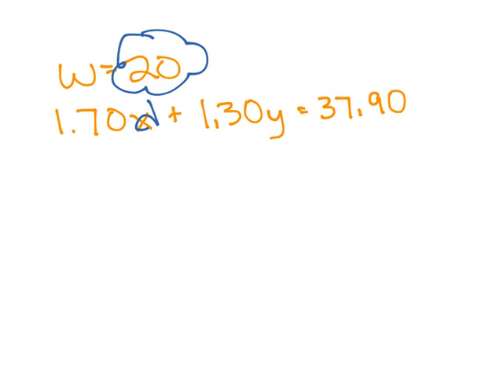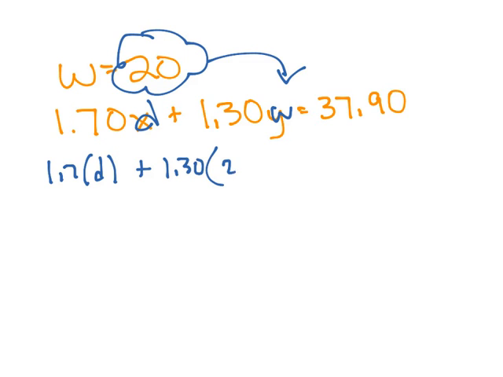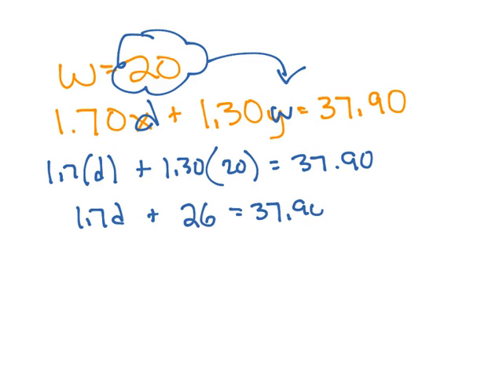We're actually looking at D's and W's, not X's and Y's. So if we take our W value, plug it back in for W, we can figure out what's happening here. 1.7 times D plus 1.3 times 20 equals 3790. So 1.7D plus 26 is equal to 3790.